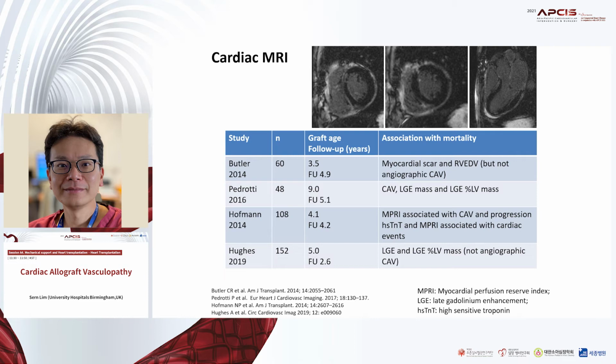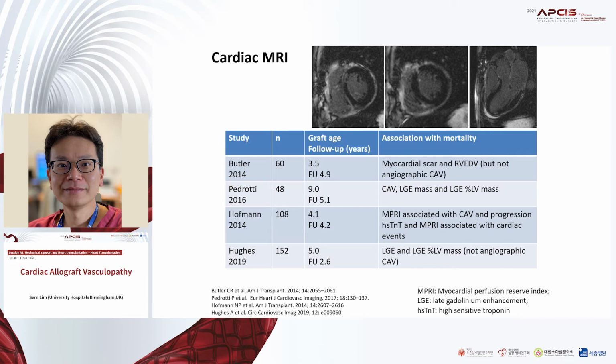And the second finding of interest is that myocardial scarring by late gadolinium enhancement may be prognostically significant, and perhaps even more so than the angiographic severity of vasculopathy. So from an MRI point of view, not just the presence of late gadolinium enhancement, but also the gadolinium enhancement as a proportion of LV mass may be of prognostic value.